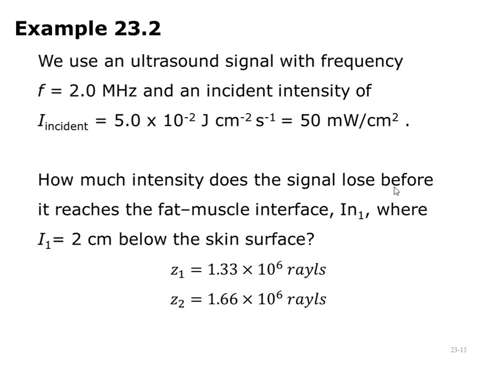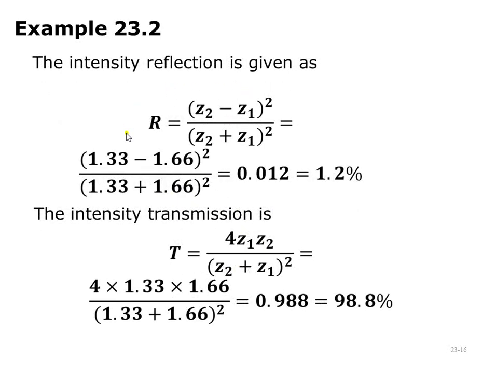How much intensity does the signal lose before it reaches the fat muscle interface? Of course, here we have to get the value of the acoustic impedance Z1 and the acoustic impedance Z2 of the first and second boundary, as given here in this example. In order to get the intensity reflection and intensity transmission, we use the above mentioned equations. So we can get here the intensity reflection is about 0.012, that is 1.2% of the whole intensity.